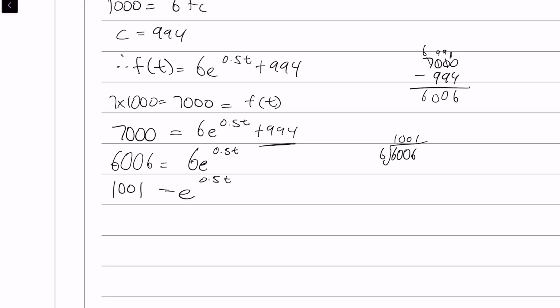Right, and then we know that we can get the power down by taking the log of both sides of the base, okay? So we take the log of e to the 1001, and we also take the log of e to the power of 0.5t.